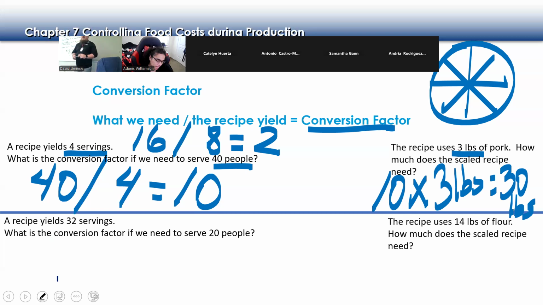Those of you who are online, you can type your answer in the chat. Conversion factor.